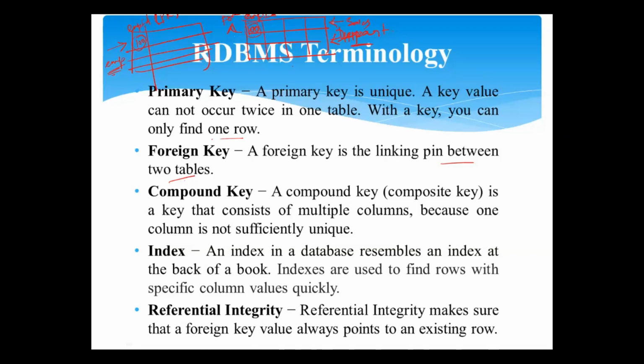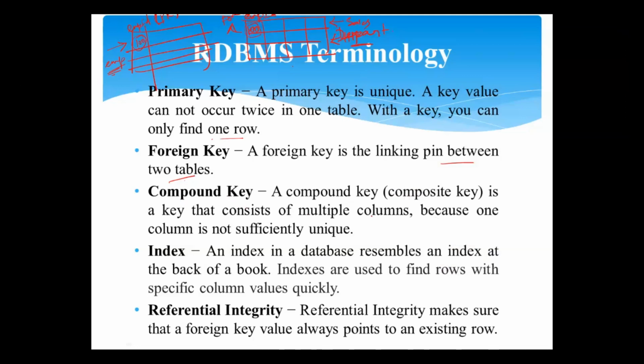And furthermore, there is a compound key, or composite key. It's a key that consists of multiple columns, because one column is not sufficiently unique. Here we are talking about a single key between two tables, but you can also have multiple keys to relate between the two tables. I will explain in detail when we are doing this.